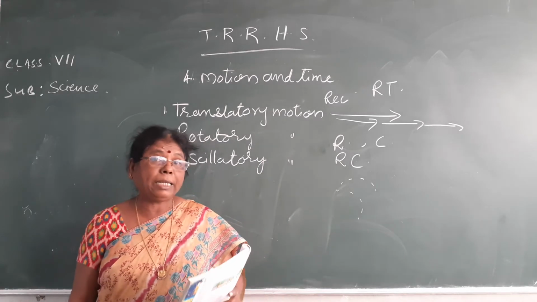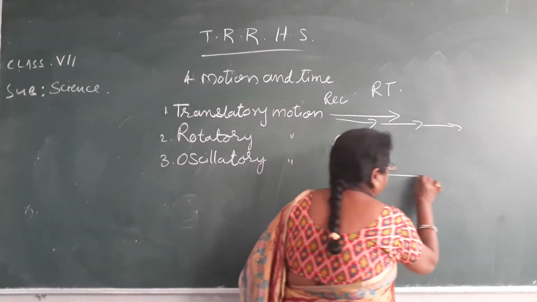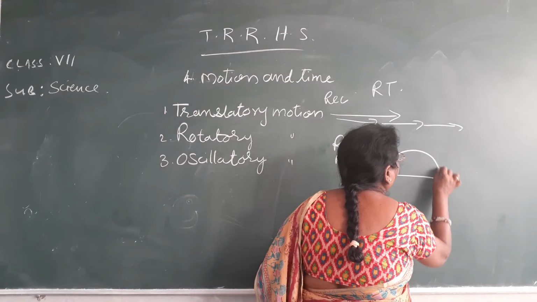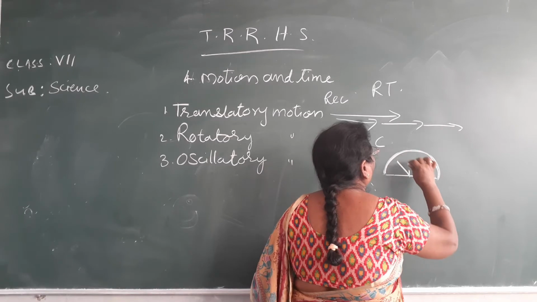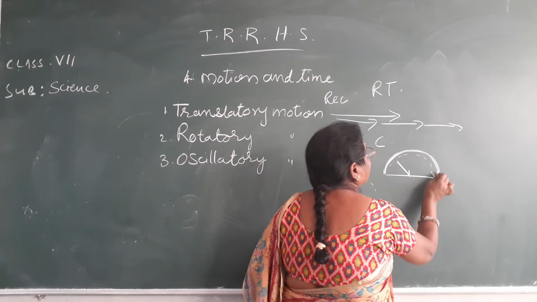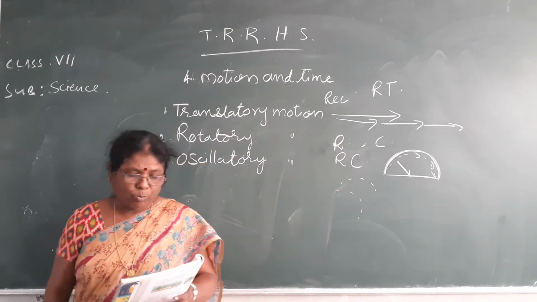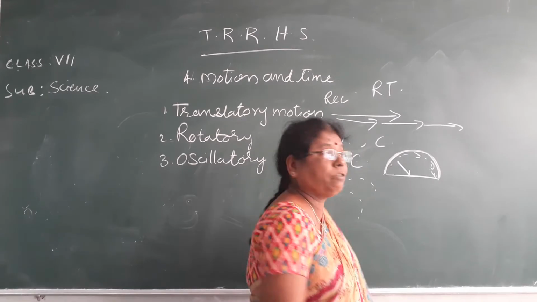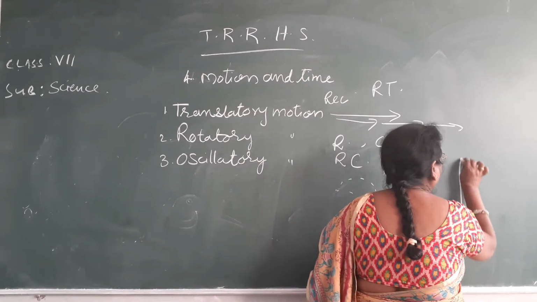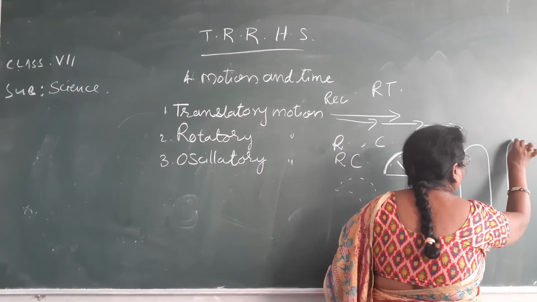Movement of the hand in a speedometer. The speedometer shows the speed of the vehicle. It is in curvilinear motion. Example: movement of a bus on a hill station. How will the hill road be? A straight line, then a U-turn, again a straight line, then a U-turn.